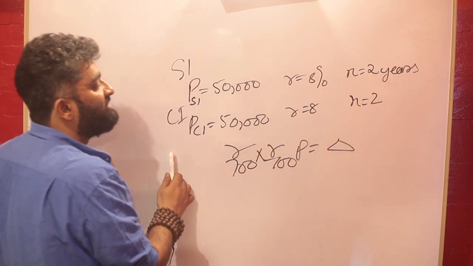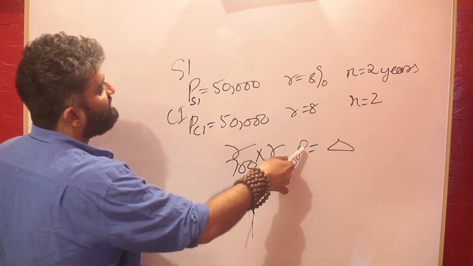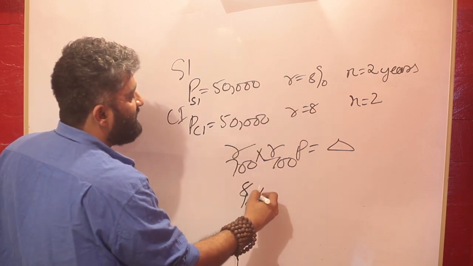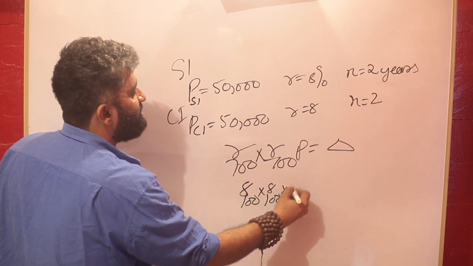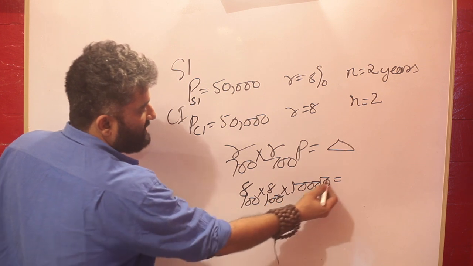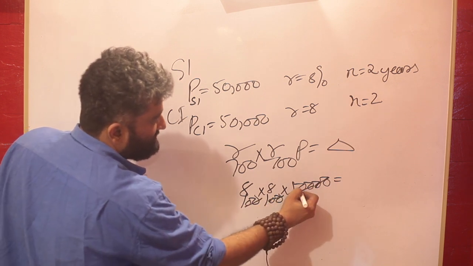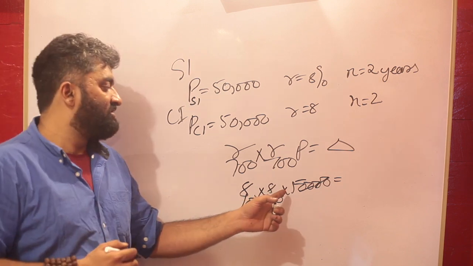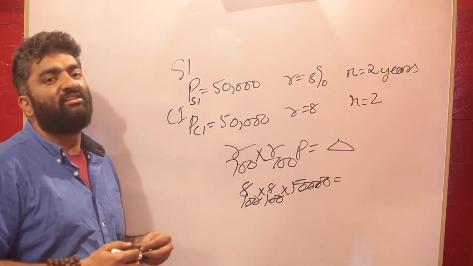This is what we learned from the previous example. So P is 50,000, R is 8. So you get 8 by 100 into 8 by 100 into 50,000 is your answer. This 100 takes out this 100. 5 into 8 is your answer. 8 5s are 40 and 40 into 8, 320.